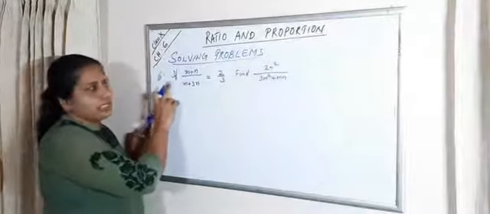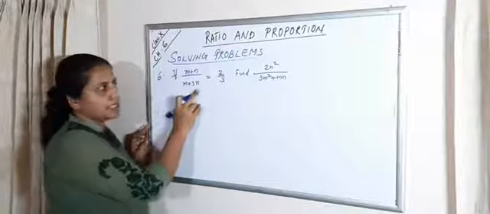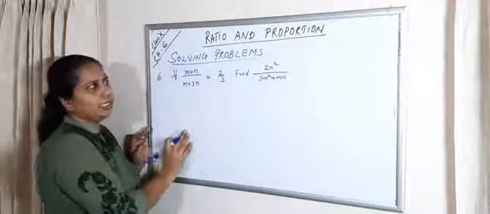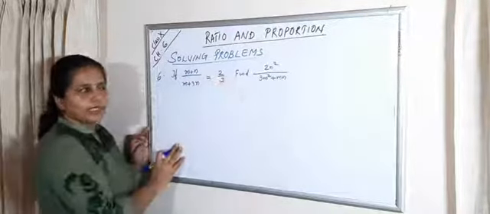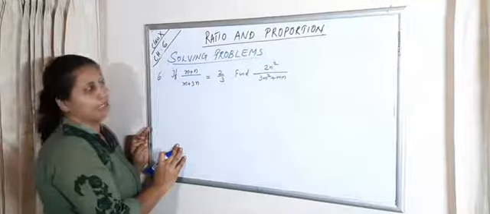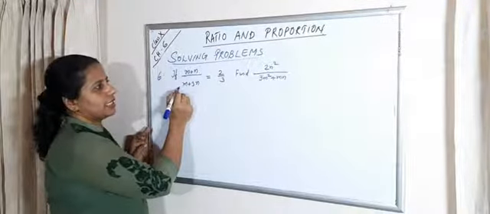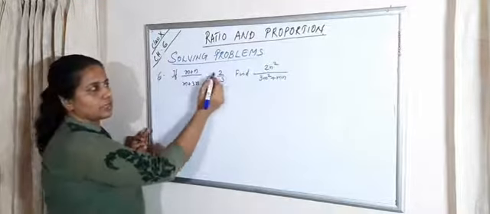Next, sixth question. If m plus n divided by m plus 3n is equal to 2 by 3, find 2n square by 3m square plus mn. Here, cross multiply.